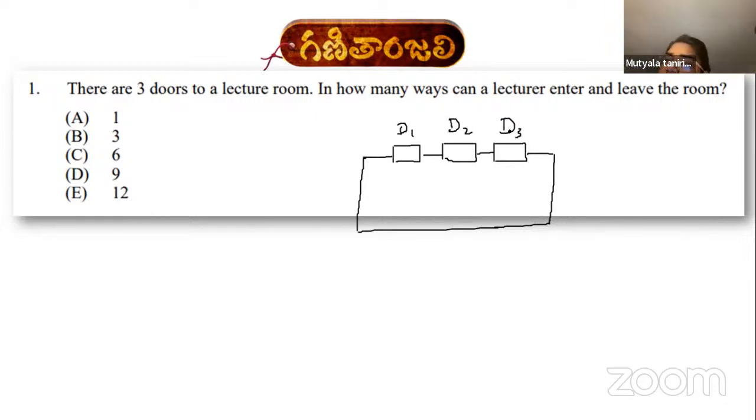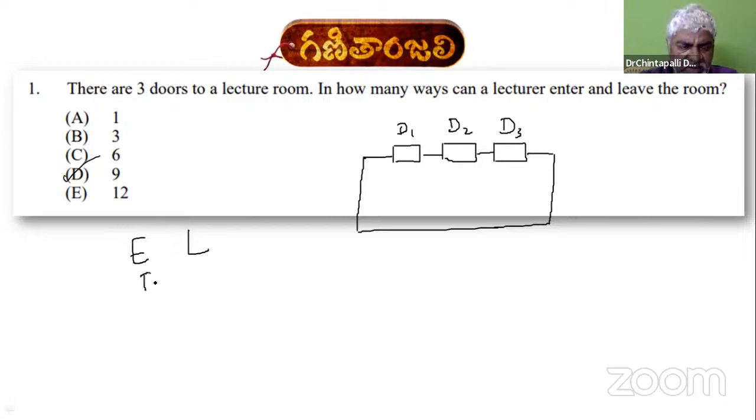Now, the question is, how many ways can a lecturer enter and leave the room? Oh, is it 3 times 3, sir? Yes, that's right. I did it wrong, because he enters and leaves.